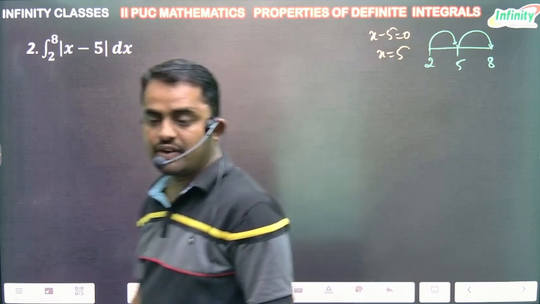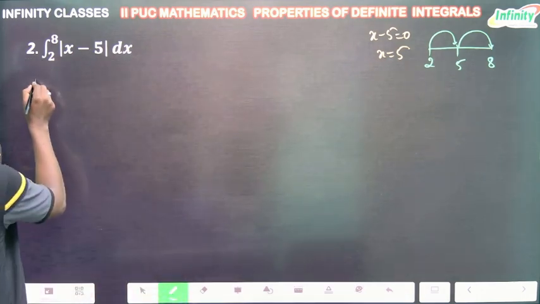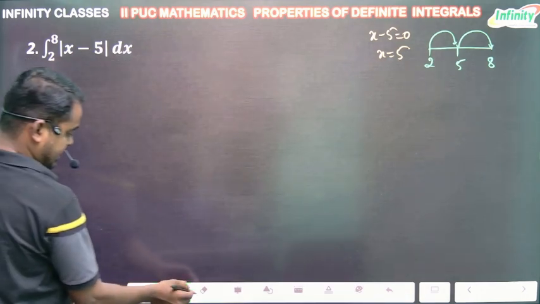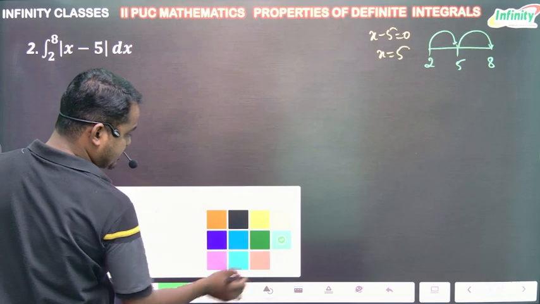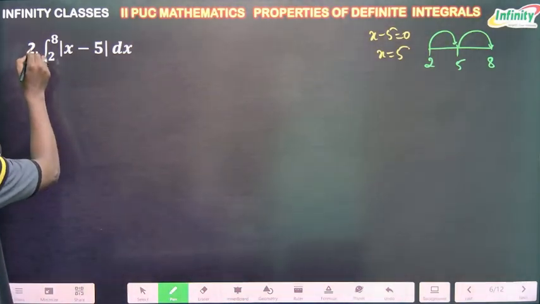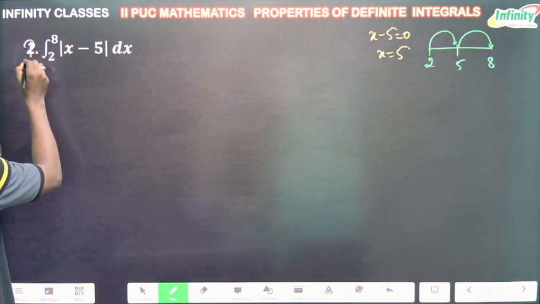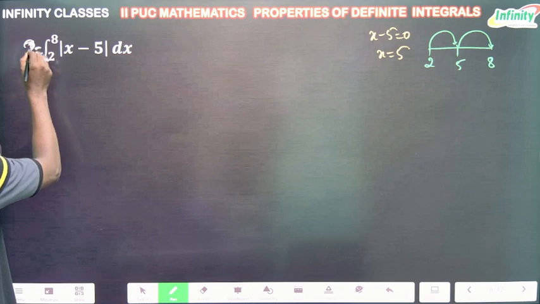So first of all we are applying this property, that is I is equal to, I am writing the first step as it is.